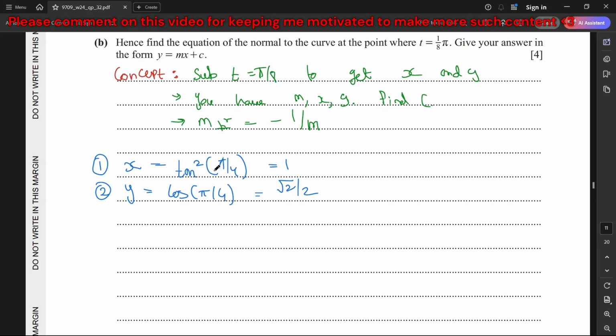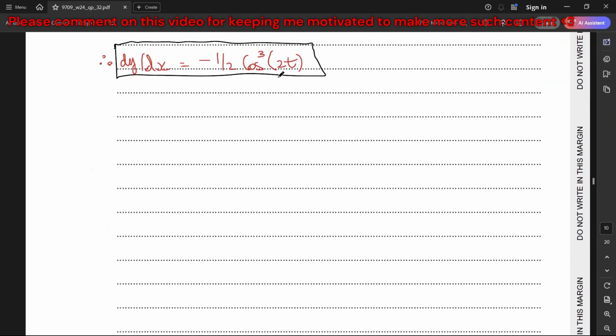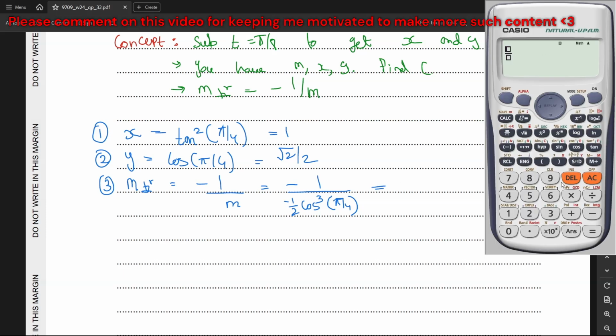Alright, so now that I have the x and y coordinates, I also need the value of my gradient. I need to find it by substituting the value of t as pi by 8. So the value of m of the perpendicular, or the normal, is equal to negative 1 by m, which is equal to negative 1 by negative half cos cube 2t, with 2t being pi by 4. I'll just directly solve this on the calculator so that I'm not having any room for errors.